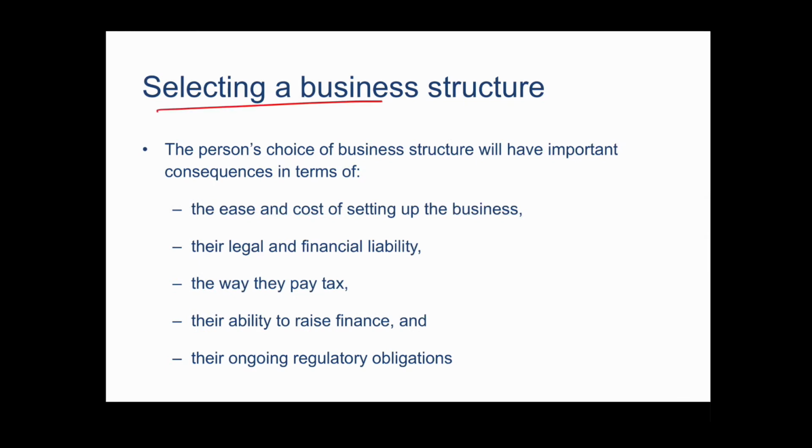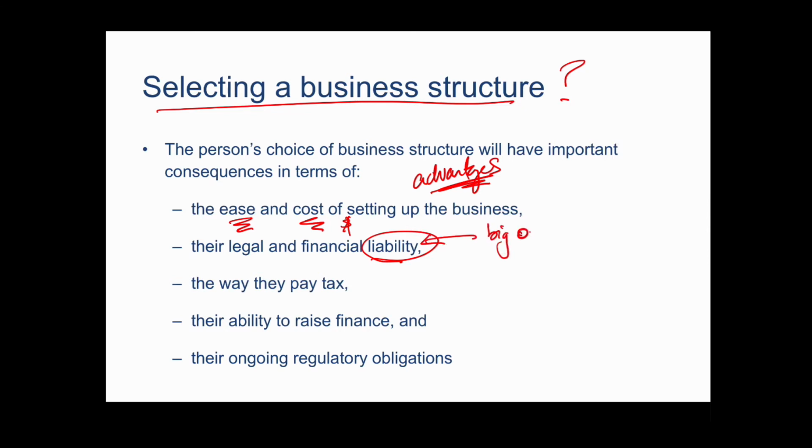Why do we select a particular business structure? Well, it's because they have advantages and disadvantages. So we find that some structures are easier to set up, they're cheaper to set up. We might find that your liability, your legal liability and financial liability, changes with the kind of structure.